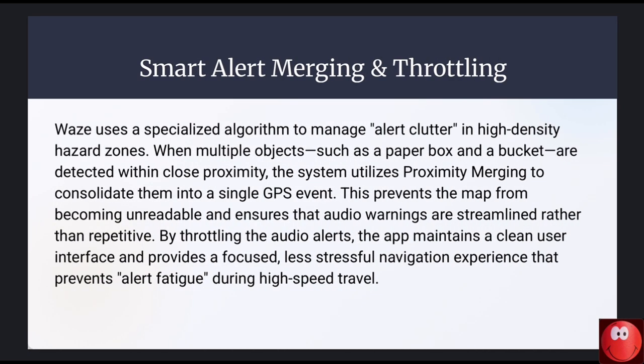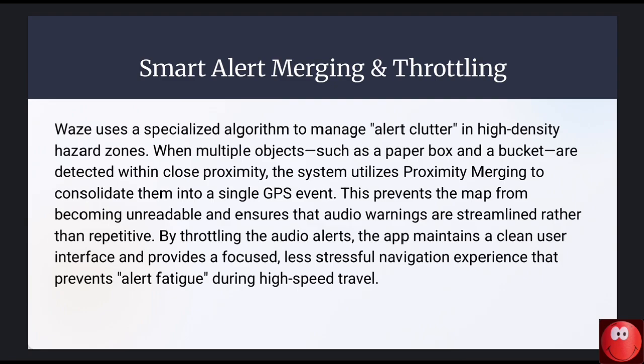If you have ever passed a stretch of highway with a broken paper box and a bucket sitting right next to each other, you might wonder why Waze only says object on road ahead once instead of twice. This is due to a feature called alert merging. Waze's algorithm recognizes when hazards are within a few hundred feet from each other and groups them into one single event.